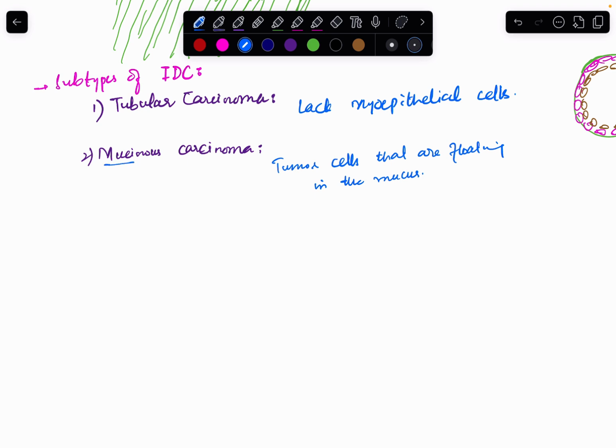As the name says, mucinous, so these are the tumor cells that are floating in mucus. In which age group you are going to see these type of mucinous carcinoma? Mucinous carcinoma is usually seen in older females. It's most common in older females, and mucinous carcinoma has a good prognosis.